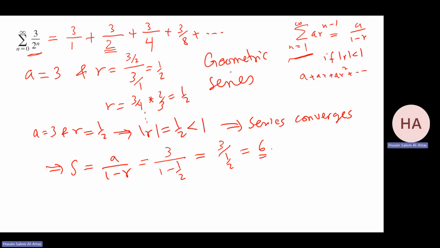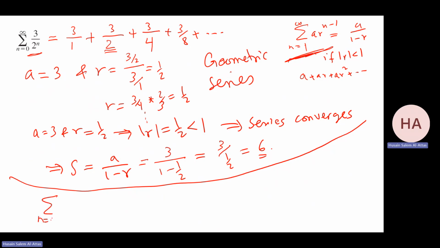How can we do this now if we want to use the other way? Yeah. I want the summation to start from 1 to make it in the same format. So I have summation n equals 0 to infinity, 3 over 2 to the power n. That is 3 plus summation n equals 1 to infinity, 3 times half to the power n.